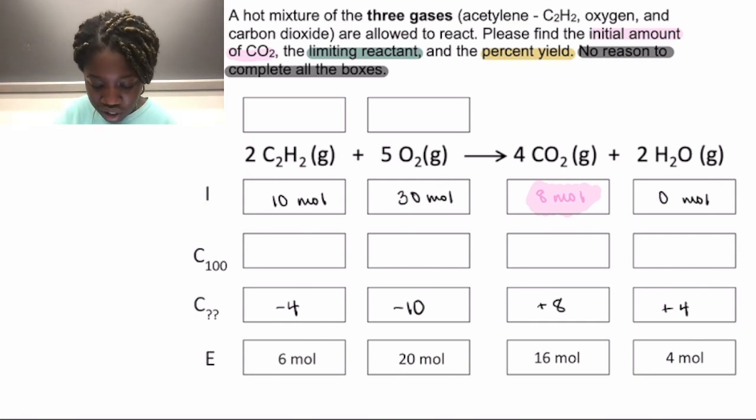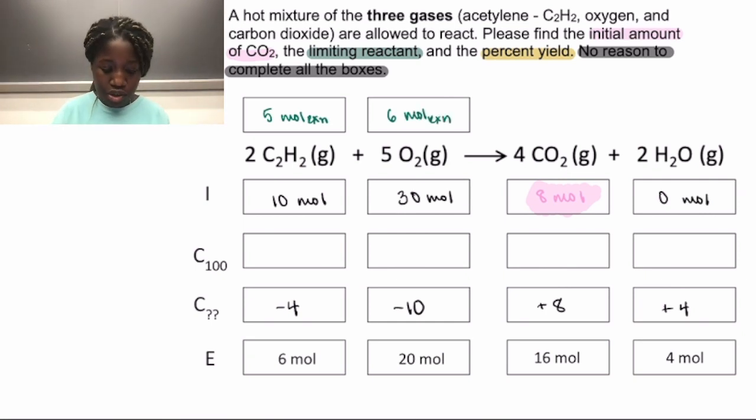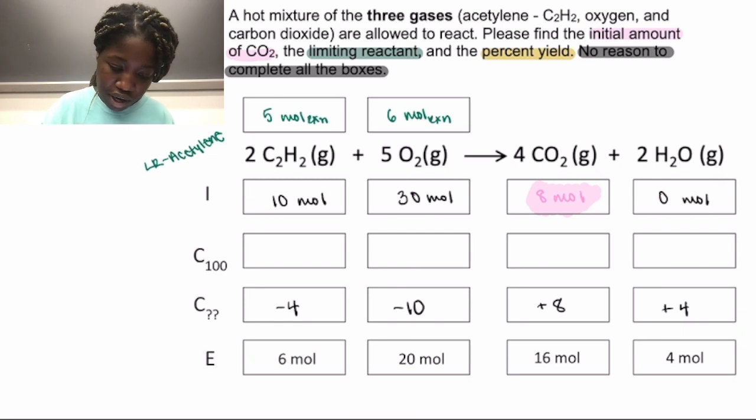So for acetylene, it has 5 mole reaction. And for oxygen, it is 6 mole reaction. So because acetylene has a smaller mole reaction, it is our limiting reactant. So I will highlight that because we have solved for this.